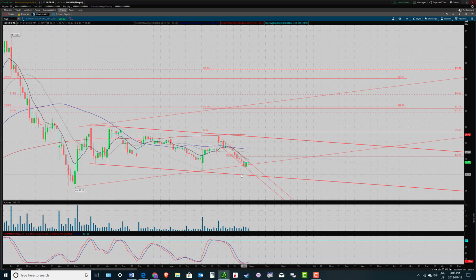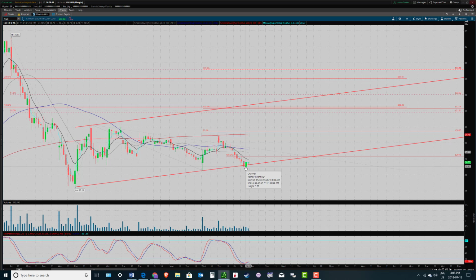And just to delete this channel and clean up like I did on the other chart. So here's our base channel on CGC, and again, same as before, just finding support right at this lower trend line of the base channel, and didn't make a lower low, so we held above the key level on CGC, which was 28.27, went as low as 28.50.